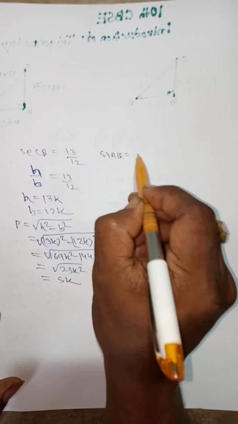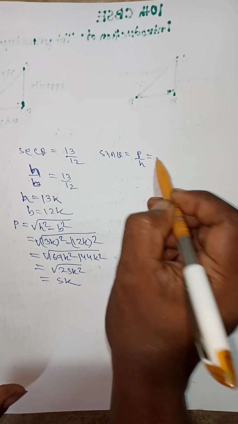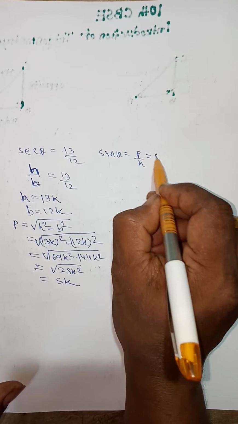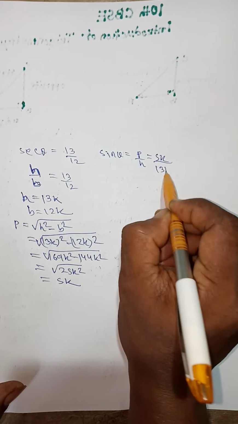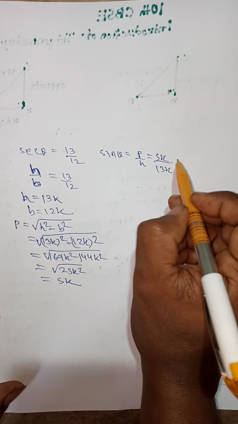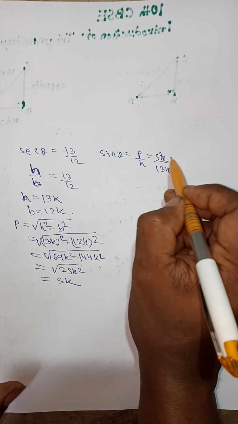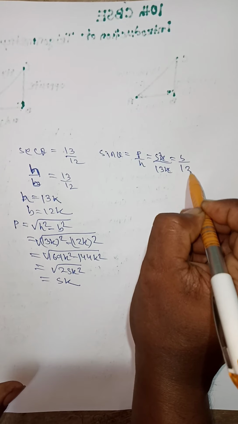Sin theta is P by H, P value 5K, H is equal to 13K, K cancel, 5 by 13.